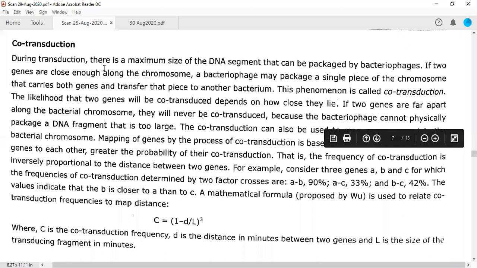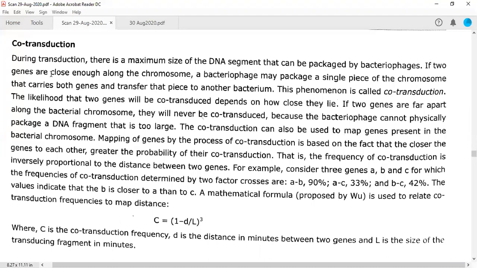During transduction, there is a maximum size of DNA segment that can be packaged by the bacteriophage. For example, I showed you the lambda phage having 48,502 base pairs. So it can take up 48 kb or 48.5 kb of bacterial DNA. It cannot take more than this because that cannot be packaged inside the head region of the bacteriophage or virus, right?